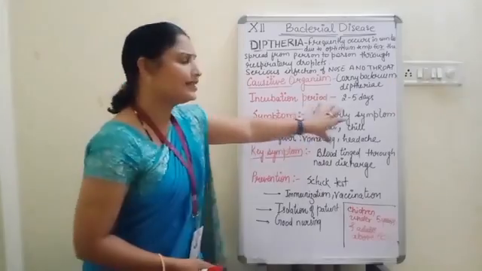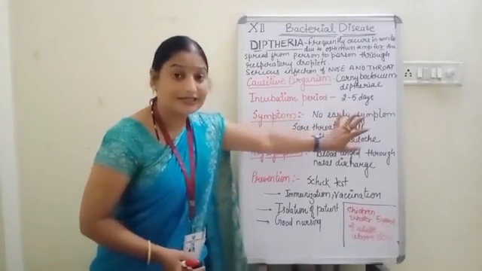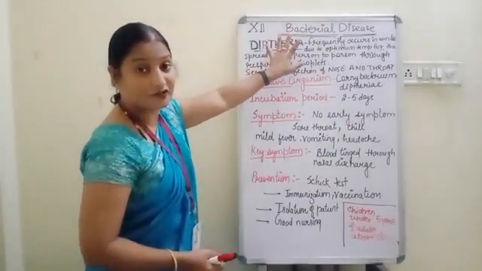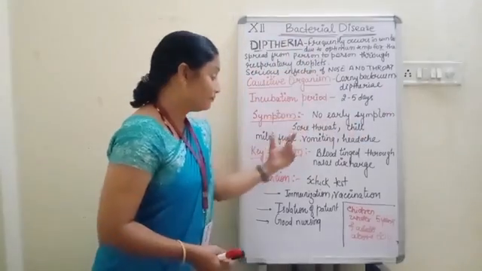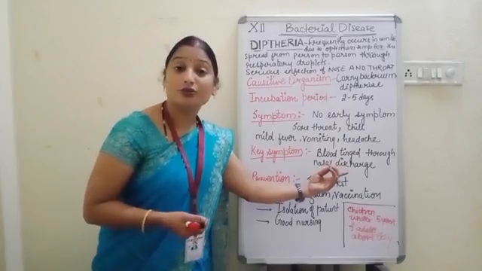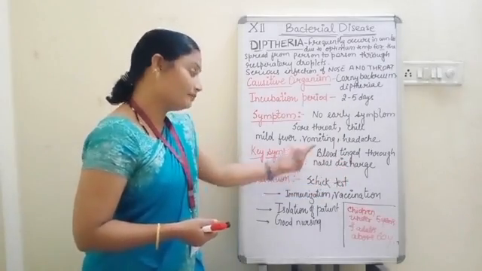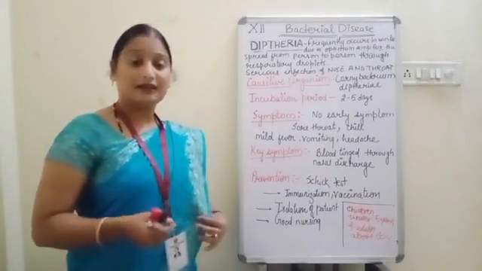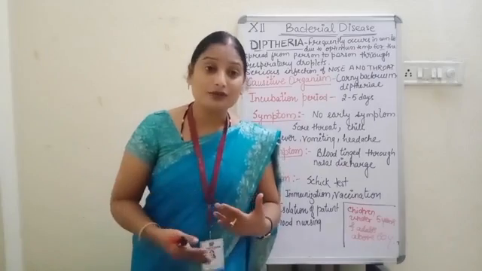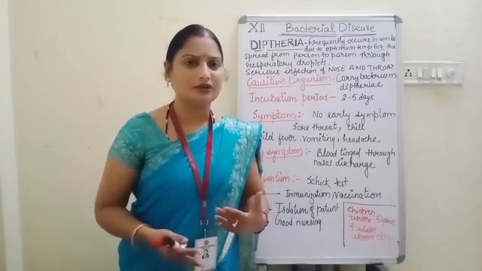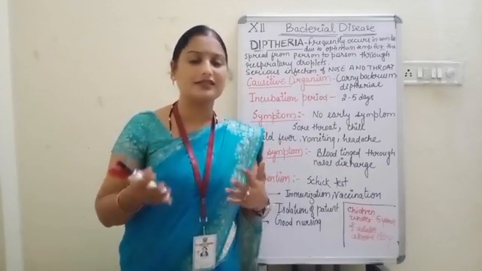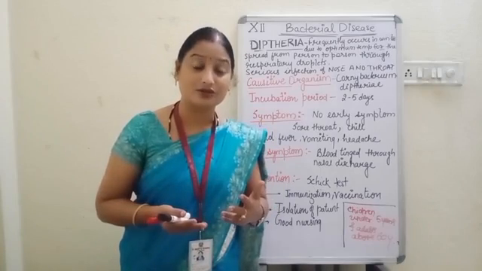Clear? So, all these are the normal symptoms. We cannot identify that the person is suffering from the diphtheria. But if the person is having blood clotting through the nasal discharge, then definitely we can say that it is a key symptom. Now again, you people may get confused that generally blood comes out through a simple nasal discharge also.